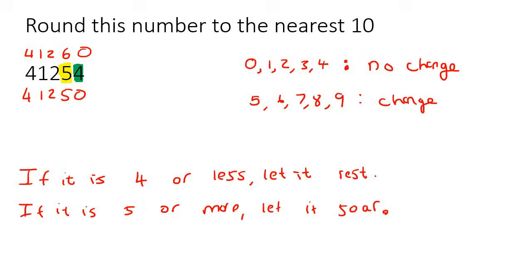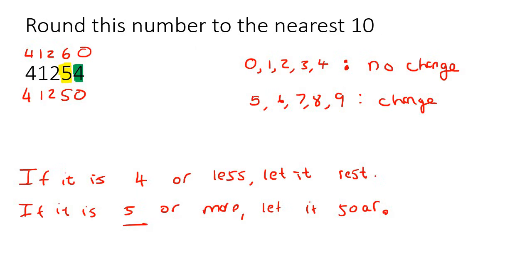So if the number is 4 or less, like I said over here, then you must make no change. So just let it rest. Leave it alone. Don't do anything with it. Let it rest, okay? Now, if it is 5 or more, then let it soar. Now, the word soar means to fly through the air, like to go up, okay? So then this number would change to a 6.